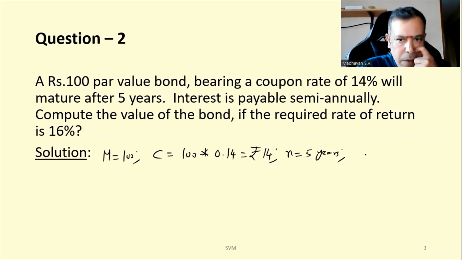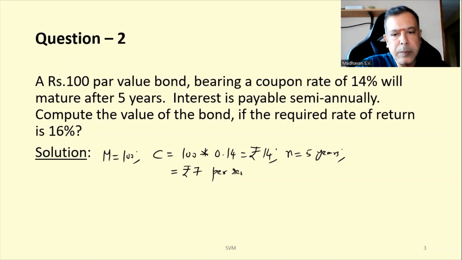Interest is payable semi-annually, which means C now becomes 7 rupees per half year, and the period becomes 10 semi-annums.